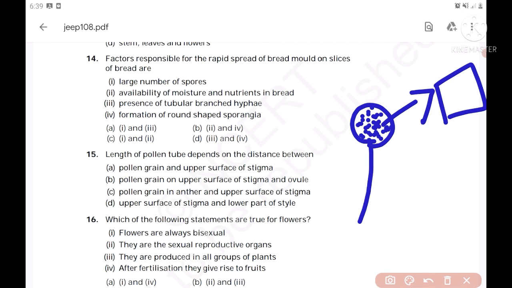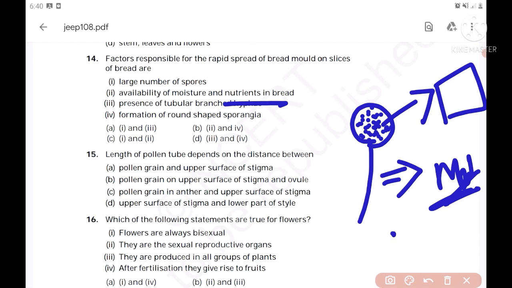And what are the favorable conditions for it to grow? The favorable conditions are moisture, right? And the nutrition required is also there in the bread. And this will be protected with a cover or a shield which doesn't get opened until there are favorable conditions. So this will be protecting them in harmful conditions, right?